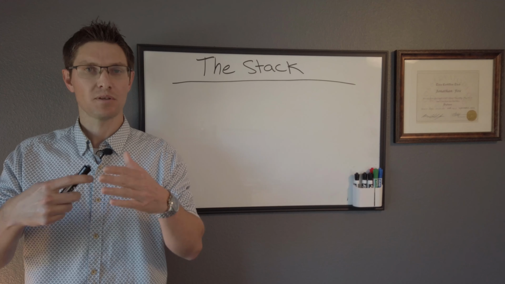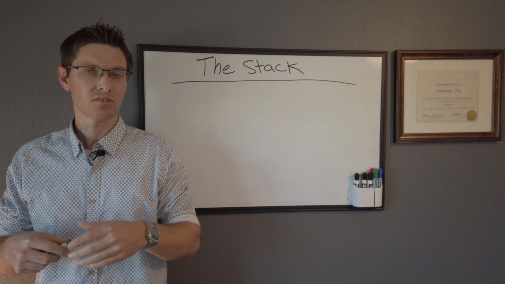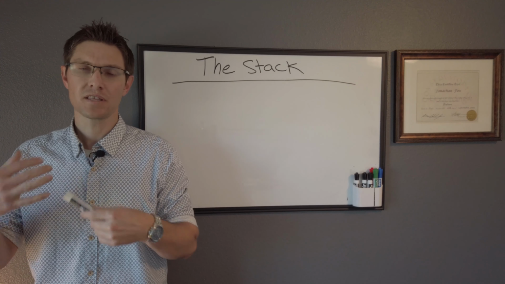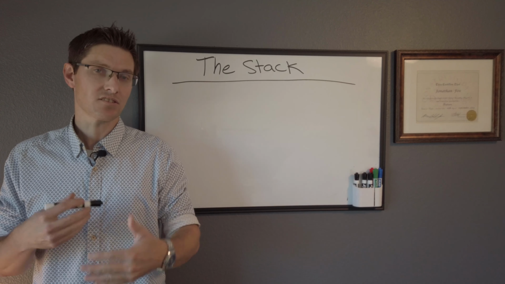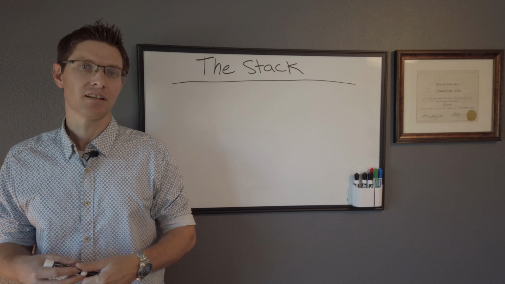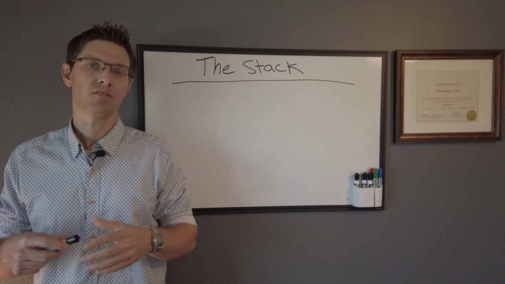Whatever it is that you're going to be helping people get the result, think about how you can make their life easier and also faster. Easier and faster is the key when creating your offer.